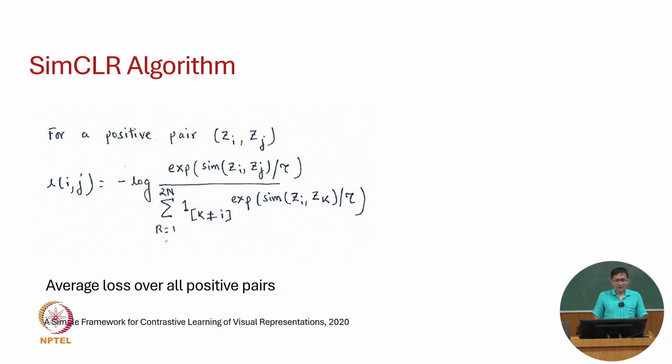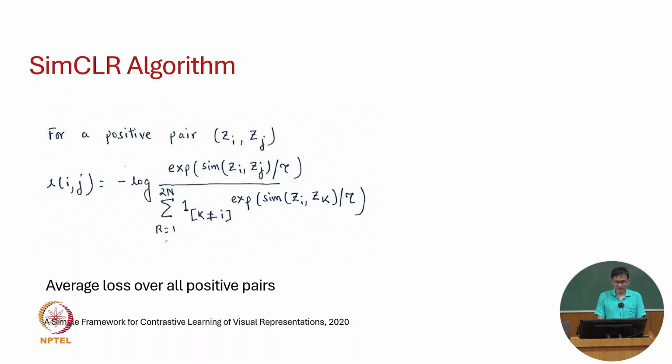So this loss function will indeed push these positive pairs in the feature space closer, whereas pushing the negative pairs further.